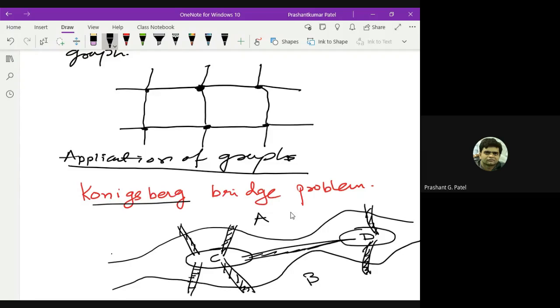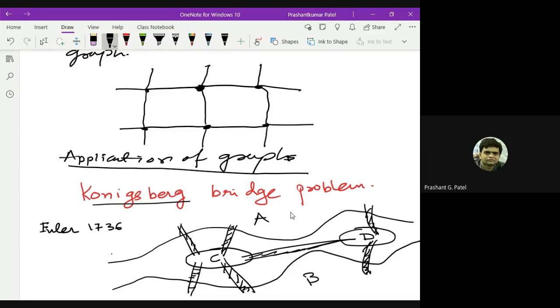And the problem was actually mentioned by Euler in his research paper in 1736, and it was a long-standing problem until it was solved by Euler.